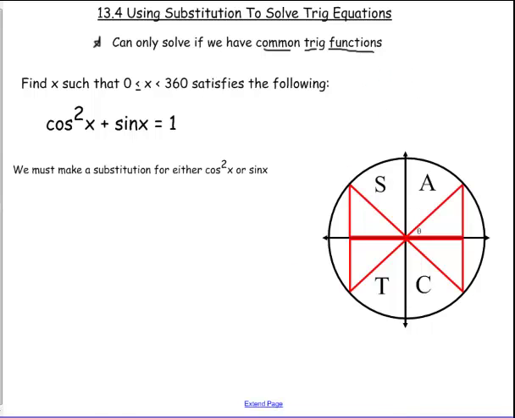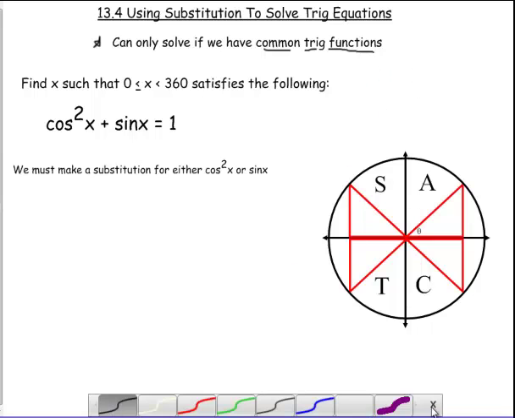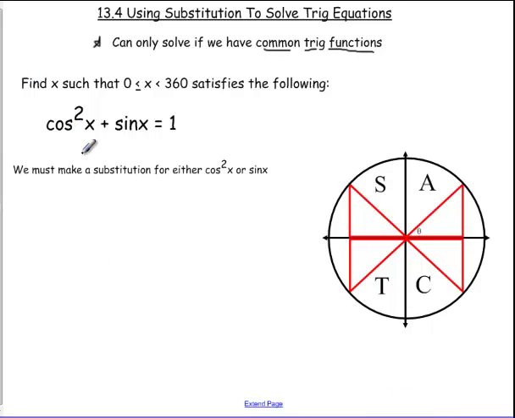Same thing is going on here. We have to have only one trig function. So we want to find all the angles that satisfy this equation, and again our angles are the traditional 0 to 360. But we can't have cosine and sine in this problem, so we must make a substitution for either cosine or sine.